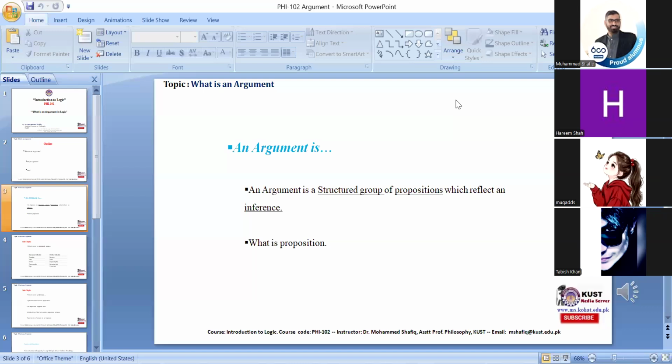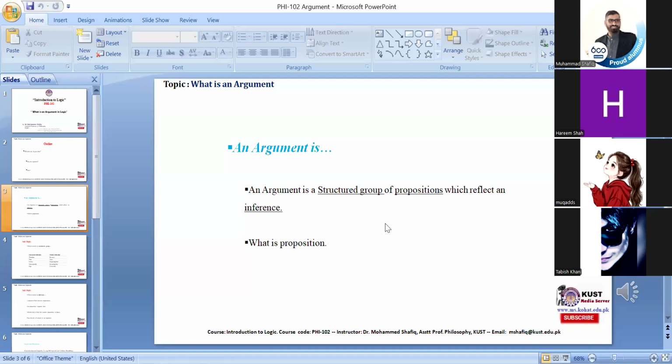they are declarative. They have a subject and a predicate, and the act of comparing the two is called a judgment. So in a proposition, we basically pass a judgment. For example, if I say this chair is brown, I am asserting something about the chair.